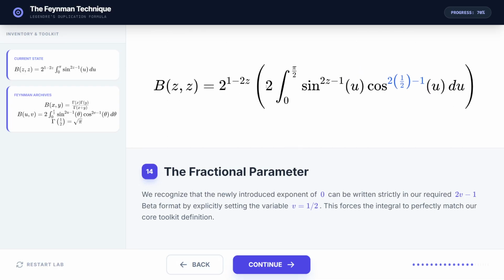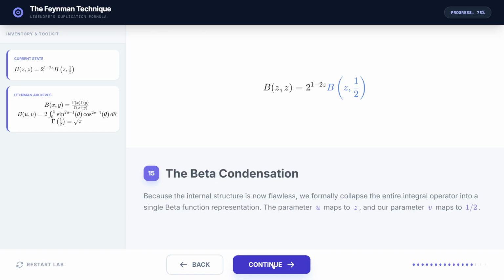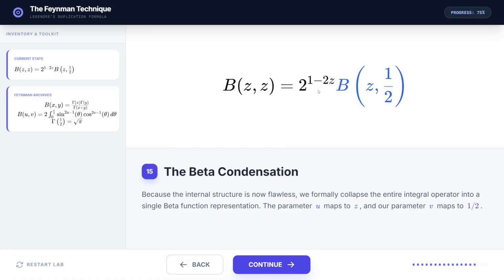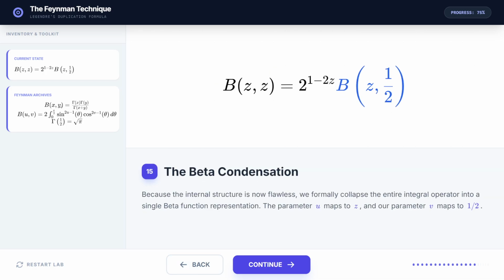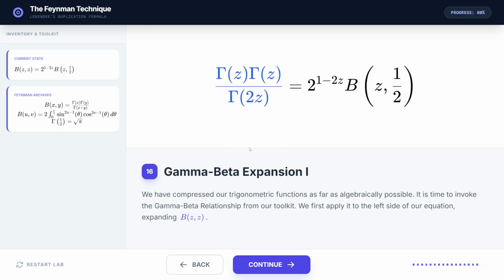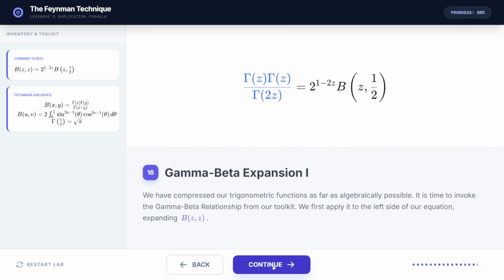You'll notice that this integral right here is just beta of z comma 1/2. All right, so beta zz is equal to this multiple of 2 times beta of z comma 1/2. All right, and now we're going to replace our beta zz with its equivalent gamma representation using our beta gamma relationship right there. So we just replaced it with gamma z squared over gamma 2z and set it equal to our right-hand side right here.